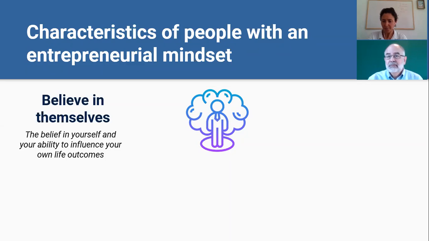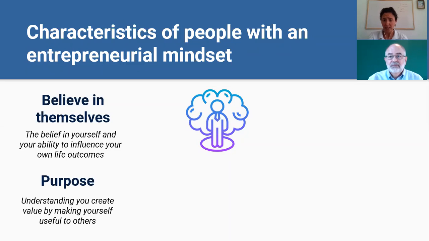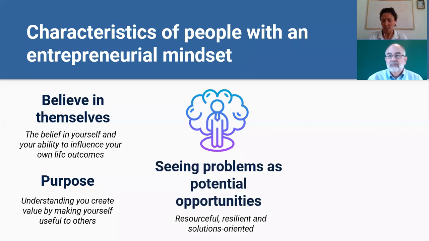Exactly. Thank you, Matt. So firstly, the belief. Secondly, they have purpose and understand that they create value by making themselves useful to other people. That's why we can link it to the social component, the vision and the difference we like to make through our work. Related to this, as we pointed out before, they see problems as potential opportunities.